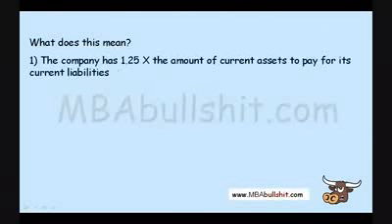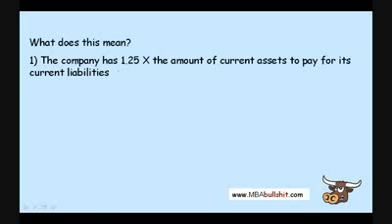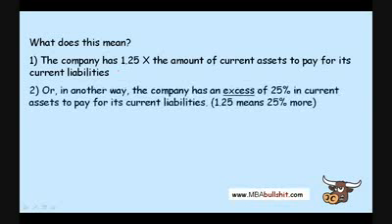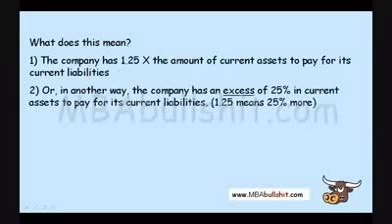It means that the company has 1.25 times the amount of current assets to pay for its current liabilities. Or another easier way to understand it, if you don't understand the meaning of 1.25 times, is that the company has an excess of 25% in current assets to pay for its current liabilities.